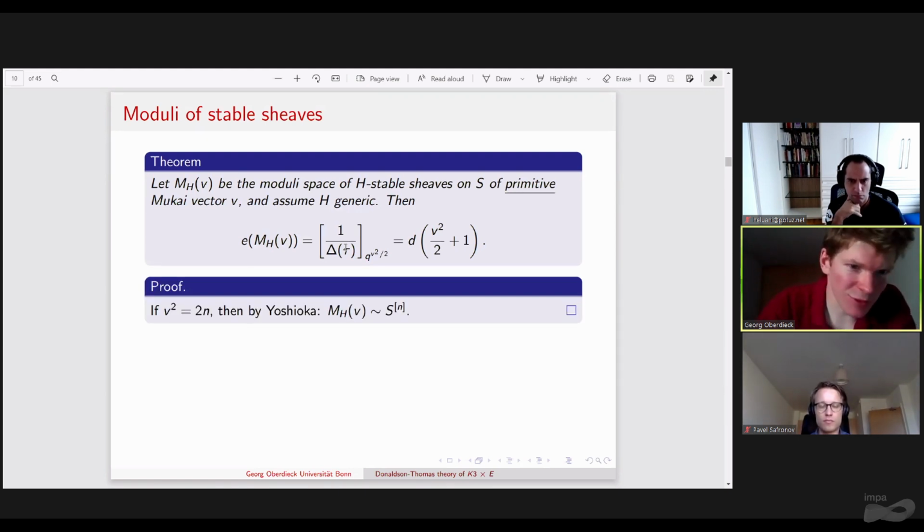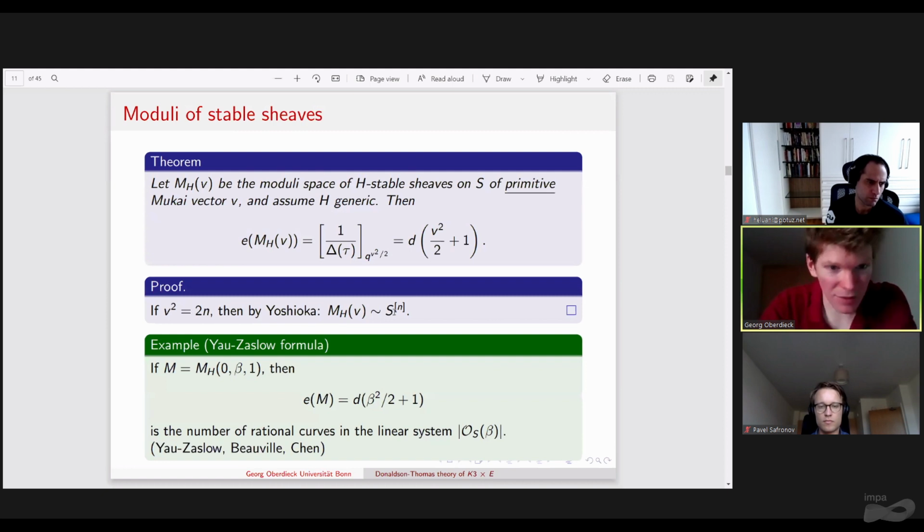And the proof reduces to the basic fact that on a K3 surface, any two moduli spaces of stable sheaves of the same dimension are deformation equivalent. So the Euler characteristic is the same.